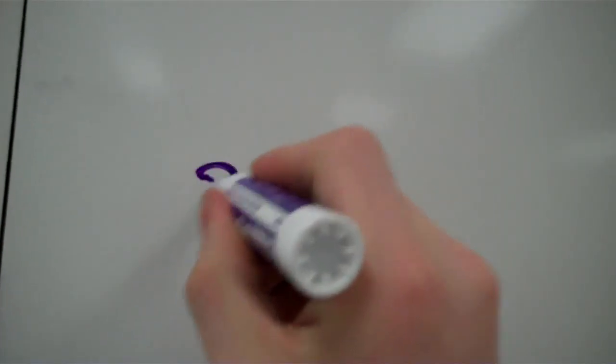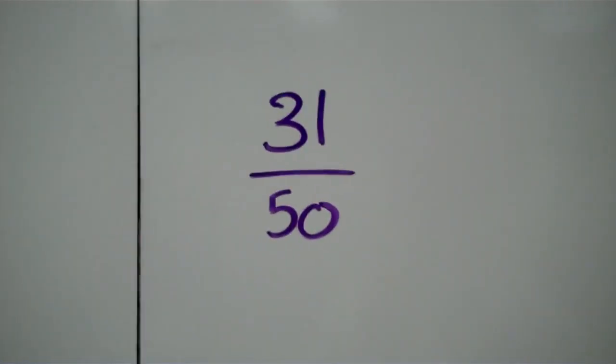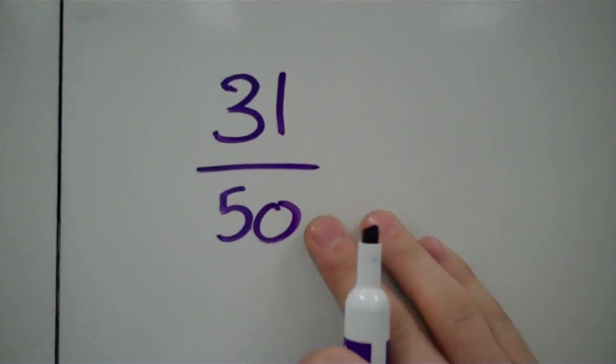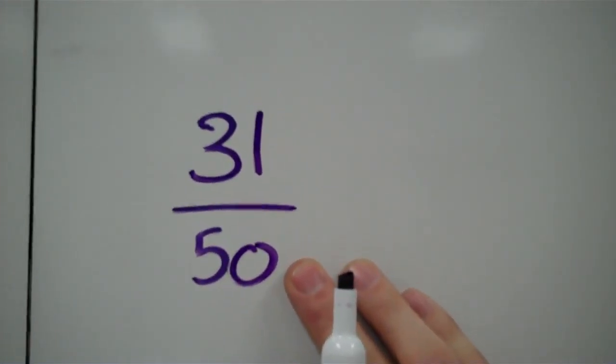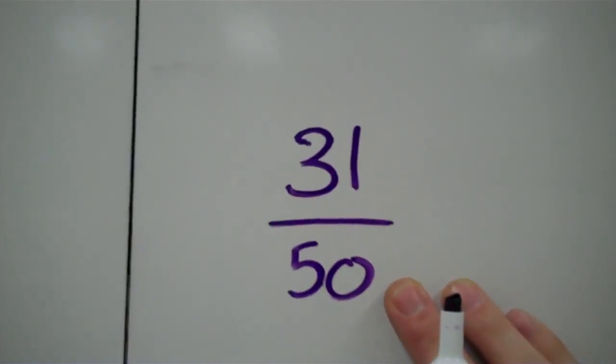Otherwise, I'm going to go on to your first focus problem, which is 31 over 50. This problem can be done a little easier. We can use our trick for this problem. We know that a percent is any number over 100. So if the denominator is something simple that I can change into 100, then I can just multiply the top and the bottom by that and take the numerator.